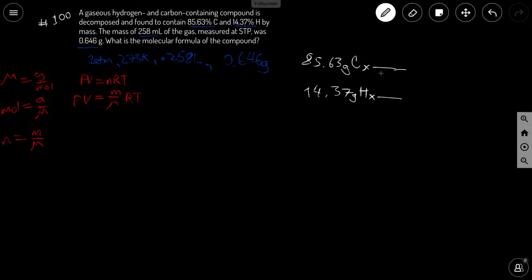So carbon has a molar mass of 12 grams per mole. And that will give me 7.14 moles.